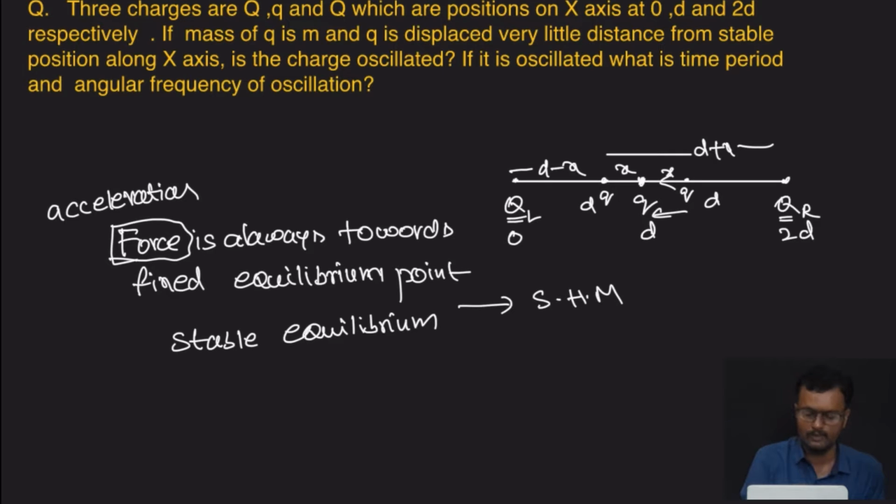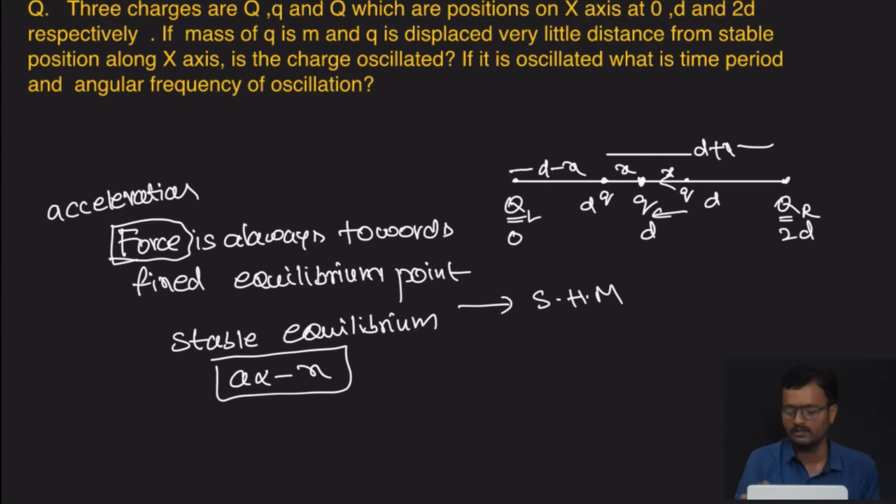Another simple harmonic motion condition is that a is directly proportional to minus x. To prove a is proportional to minus x, you should find the net force on the charge.